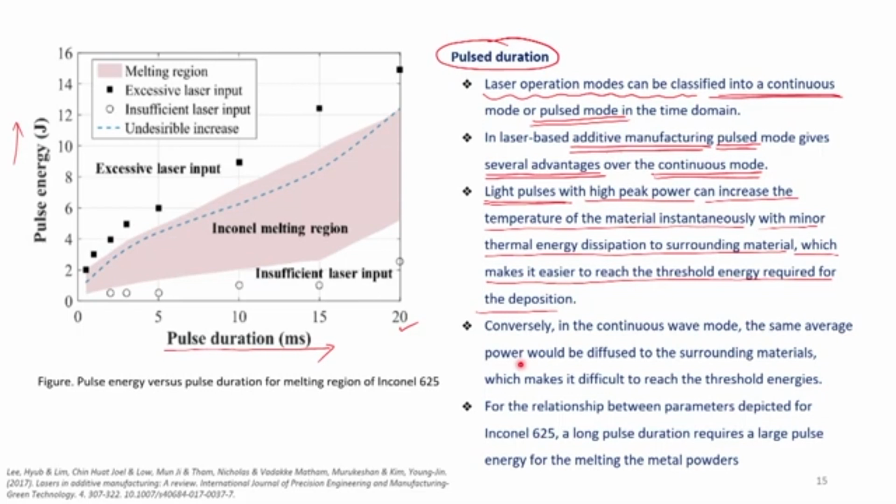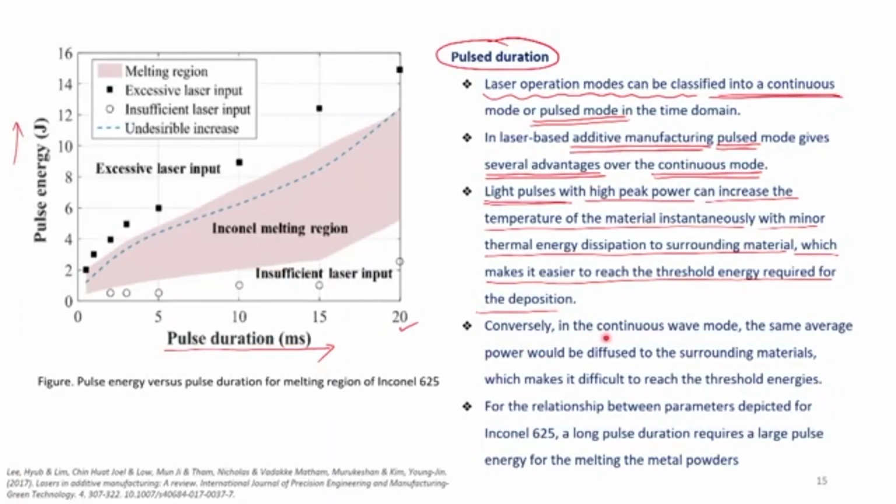When we are applying the light pulses of high peak power, the energy dissipation to the surrounding material is minimal and the local temperatures would be very high. So, if you are applying the pulses consecutively, then locally the temperature would be increased without harming the surrounding material, without having significant HAZ. So, this is a very good characteristic of applying the pulse mode of energy deposition.